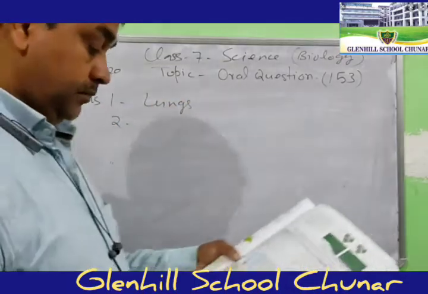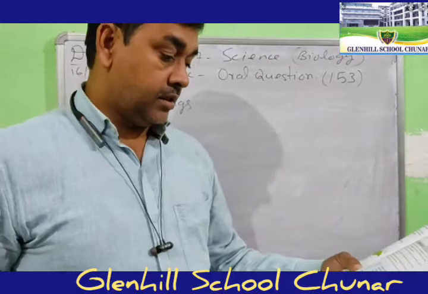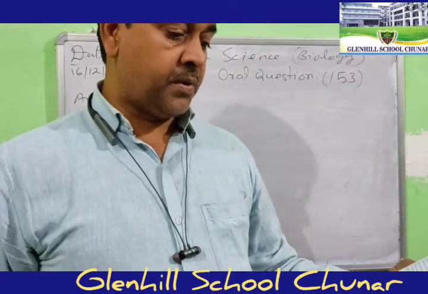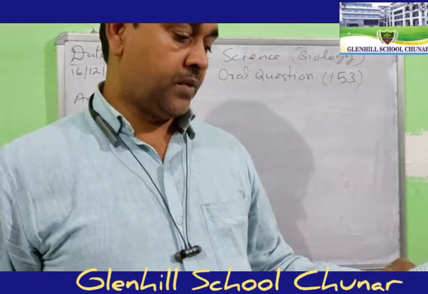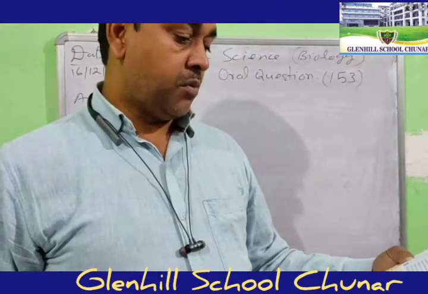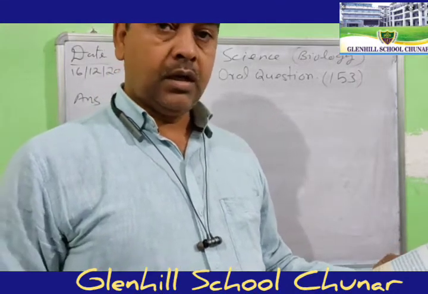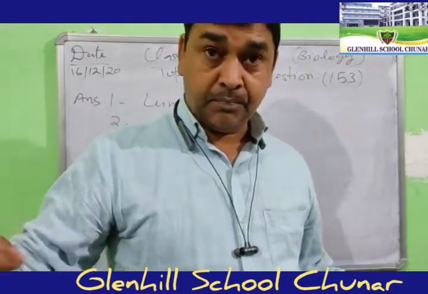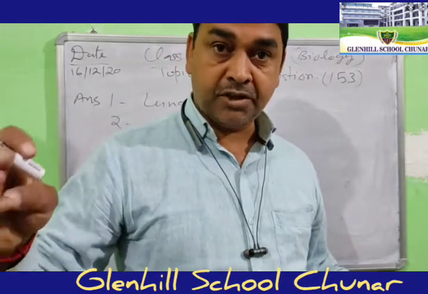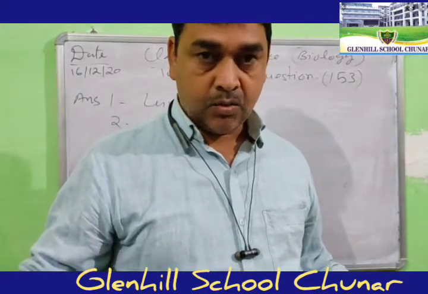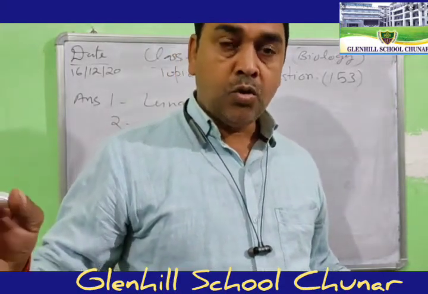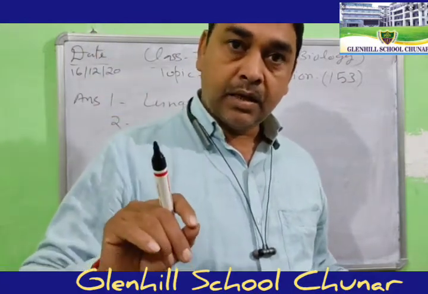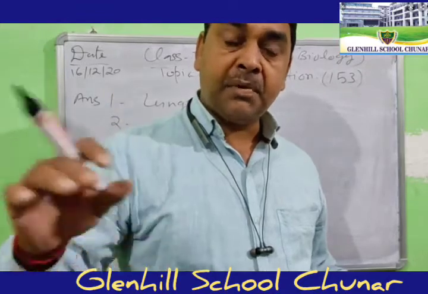Second, which cells form a thin layer on the outer surface of the roots? You know, plants respire by three parts: from roots, from stem, and from leaf base. On the leaf base, pores are found. This is called stomata, and in the roots this is called epiblema.